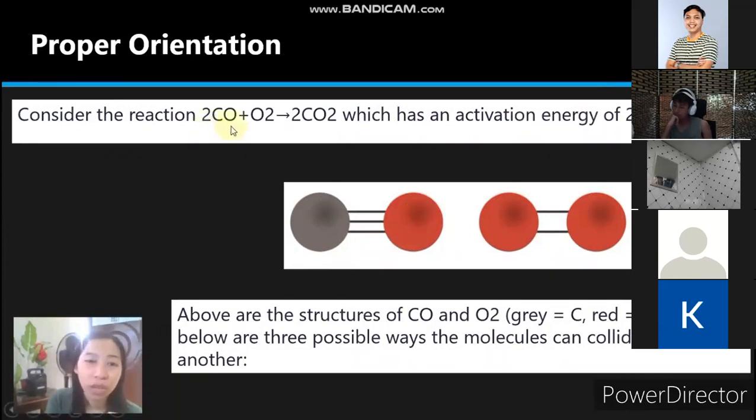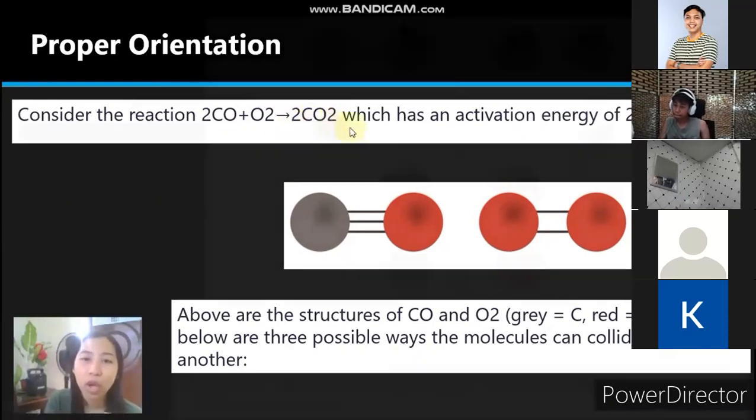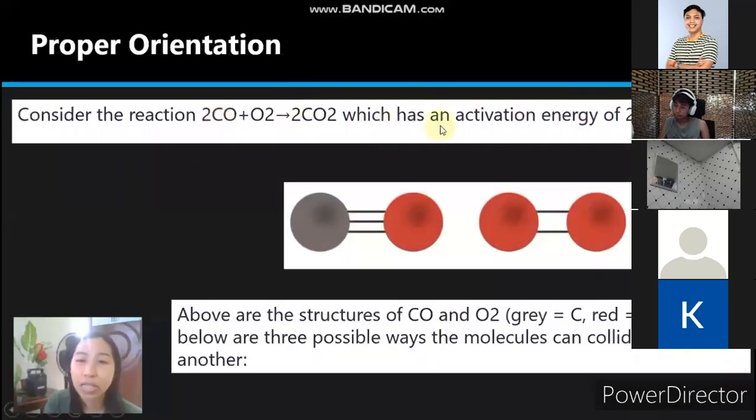So you have reaction there nga naay duha ka carbon monoxide or 2CO molecules plus O2 nga molecule. So, oxygen. And this will yield 2CO2 molecules or carbon dioxide molecules nga duha ka buok, which has an activation energy of 277 kilojoules per mole.